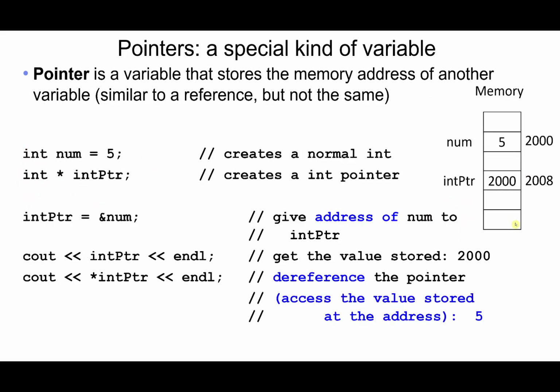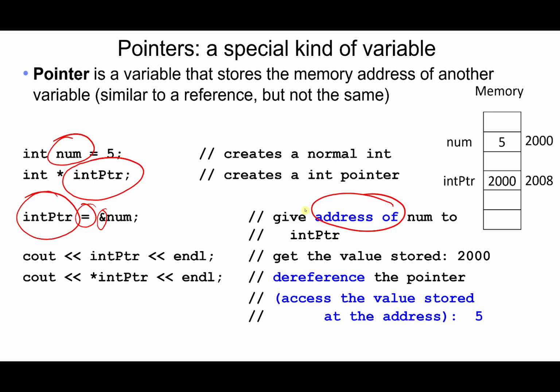So now we are going to make that pointer point to num. How do we do that? We say int ptr, and we do not include the asterisk when we do the assignment. And then we use the ampersand, which means the address of num, the address of your variable.